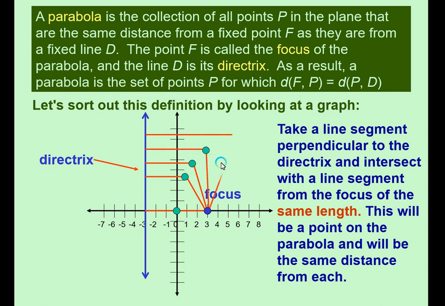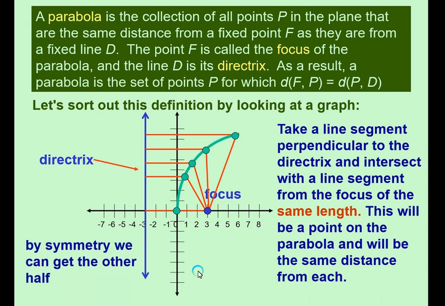If we join all these points, we would create a curve. If we perform symmetry on this curve, then we can get the other half of the curve, forming what we call a parabola.